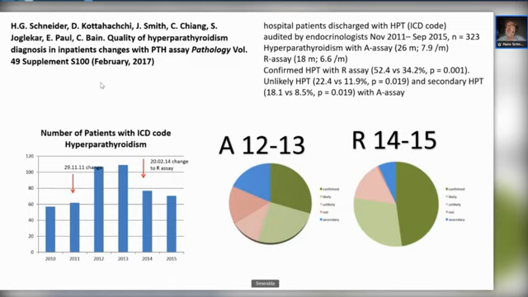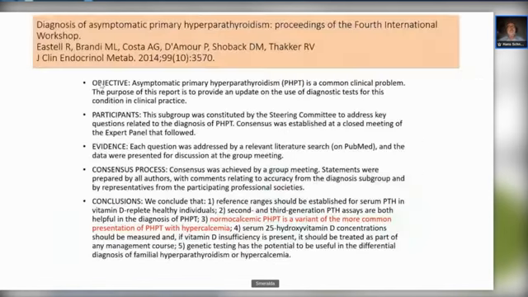Light green is the situation where you have all the biochemical features, but the patient doesn't have an operation. This is markedly higher in the group 14 and 15. These are 2 intact PTH assays, emphasizing the importance of your assay choice and of your reference ranges. The next slide, please.